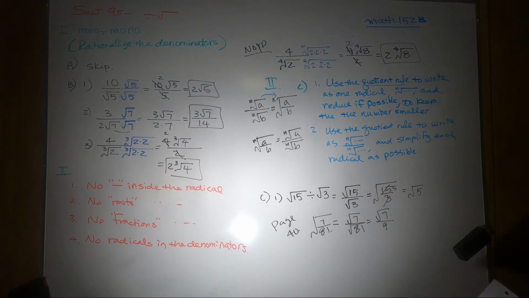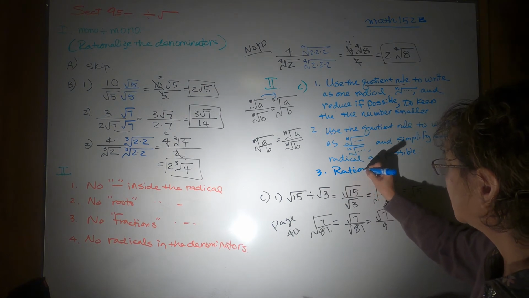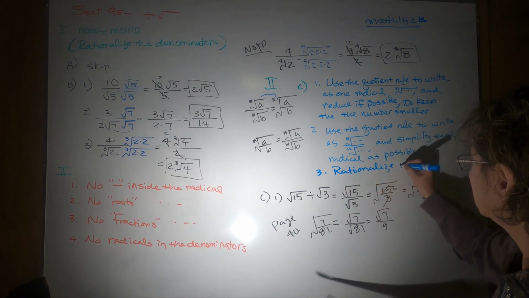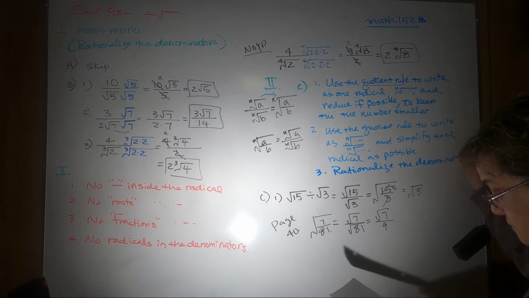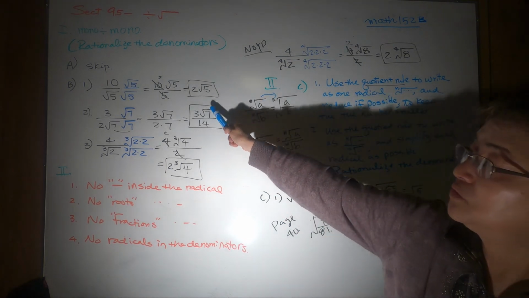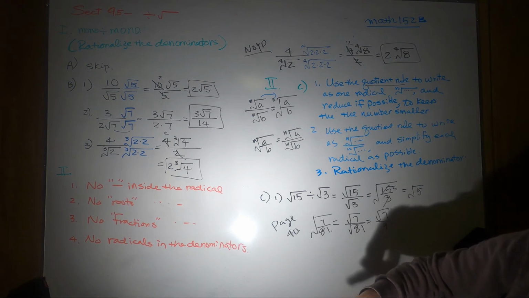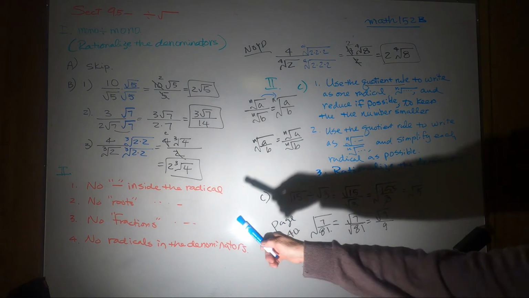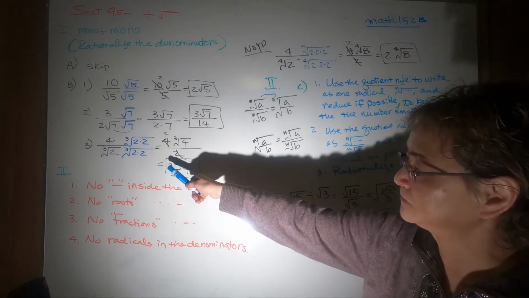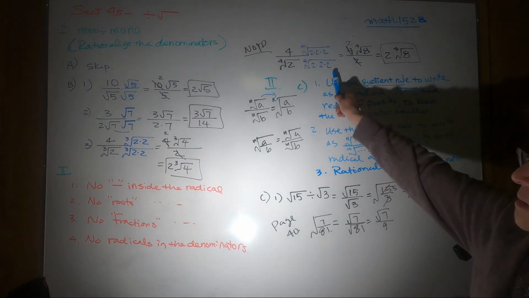Okay, so next one is what? Another way is called rationalize the denominator. That's what we were doing, mono to mono. If you have a mono in your denominator, then you rationalize it by multiplying its twin or triplet or quadruple, right?